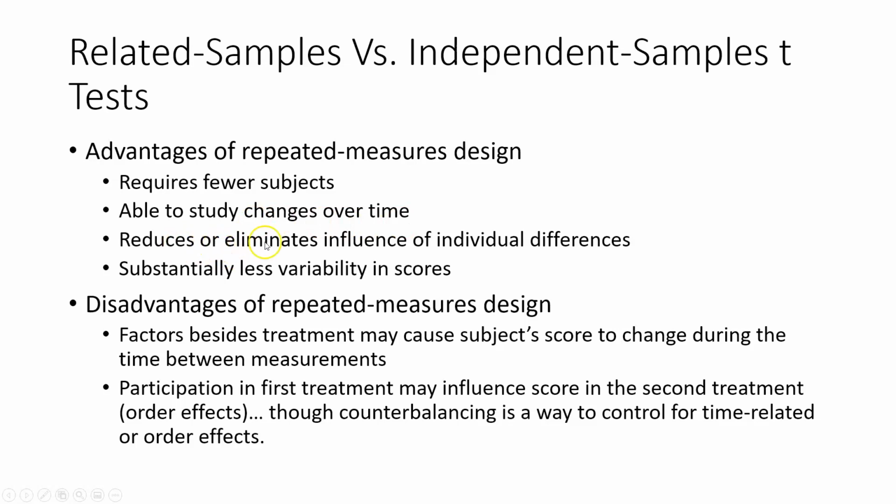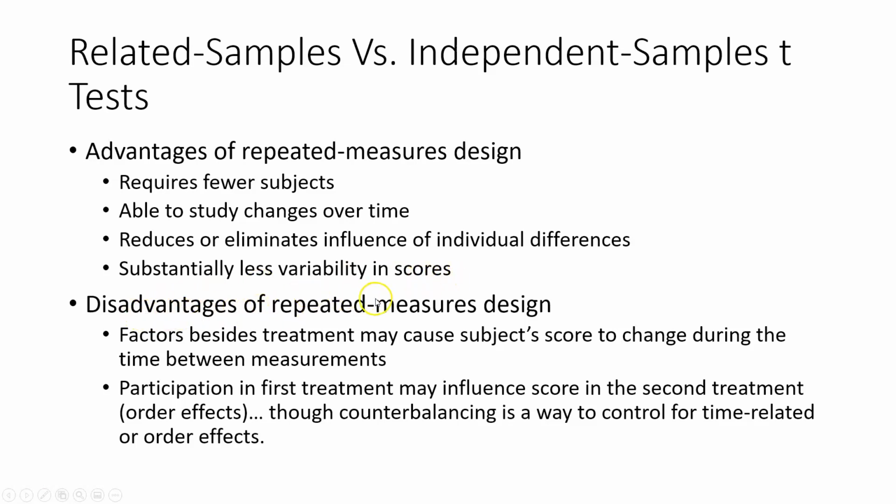It reduces or eliminates the influence of individual differences, which is what I was talking about before, where you're comparing the same people against themselves, and so of course you're going to be reducing that error variance because of individual differences across the groups. And finally, it includes substantially less variability in the scores, and so it's actually quite a bit easier to come away with a significant t-score.